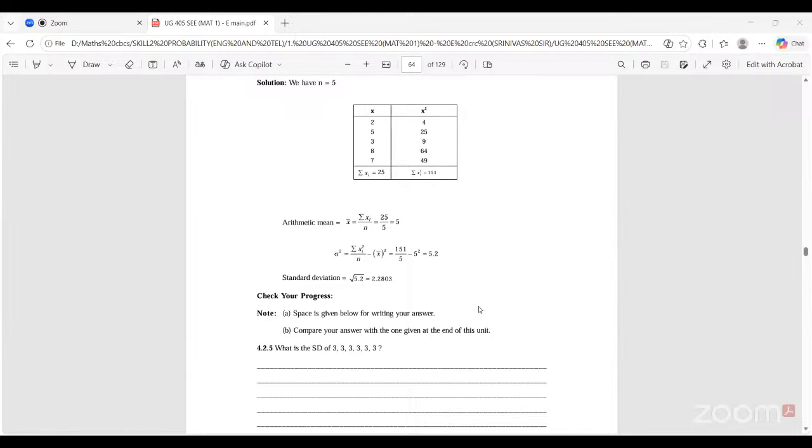So summation of xi by n is equal to 25 by 5, that is 5. So 151 by 5 minus the formula, x bar is equal to 5, whole square. So 151 by 5 minus 25 is equal to 5.2.